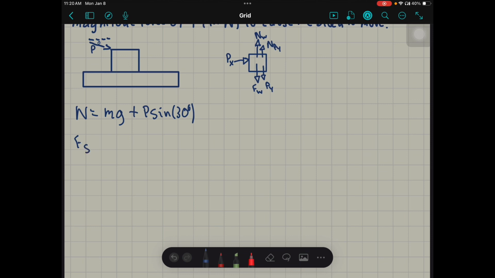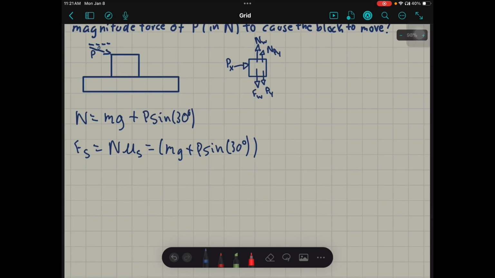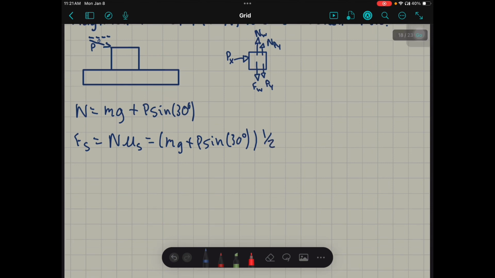So it's going to be F sub S. Our static friction is going to be equal to the normal force times mu sub S, and that's going to be equal to mg plus P sine of 30 degrees, and we're going to multiply all of that by the coefficient of static friction, which is 0.5. Just to make life easy, I'm going to make it 1/2, and there we have our static friction.